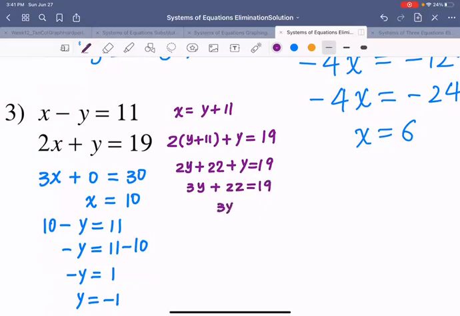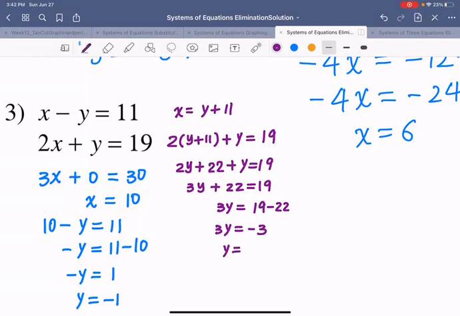And then you minus 22 on both sides, so 3y equals negative 3.